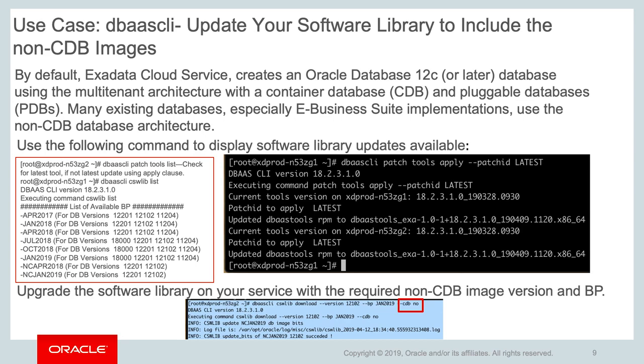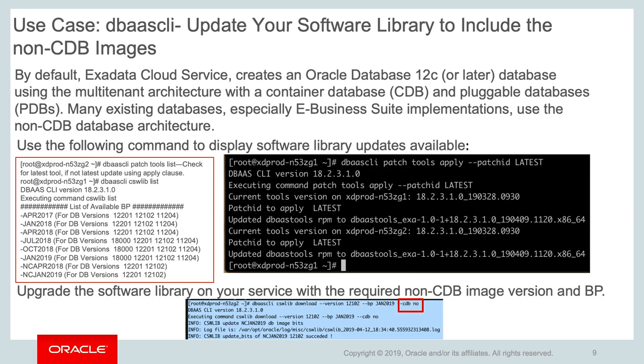Many existing databases, especially e-business suite implementations, use a non-CDB database architecture. So that could be a use case applicable to your environment. Here we are going to see how we can create a non-CDB database.